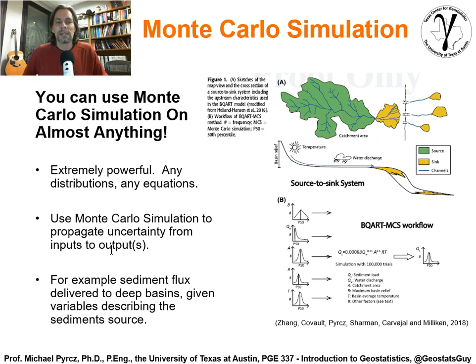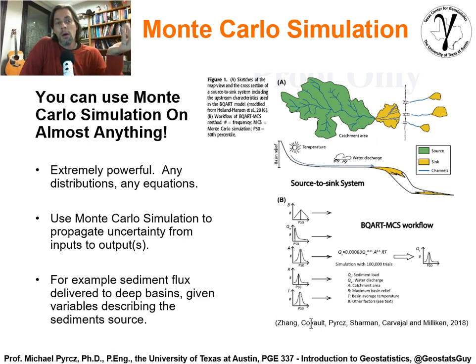This is an example paper that came out just last year, or this year actually, in fact. Co-authors including Jake Kowalt from over at the Bureau of Economic Geology, right next door to us here.